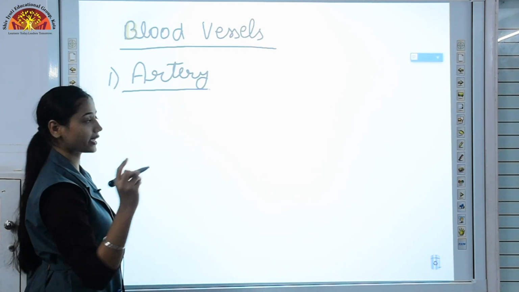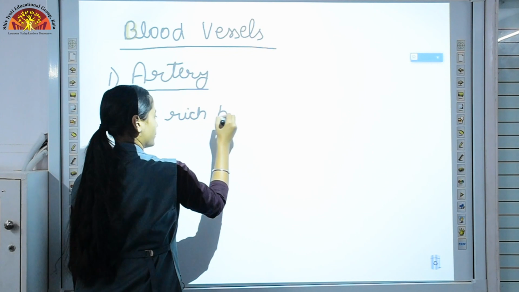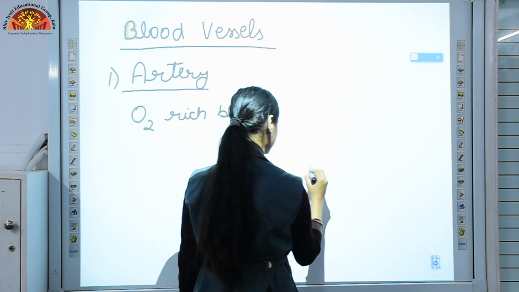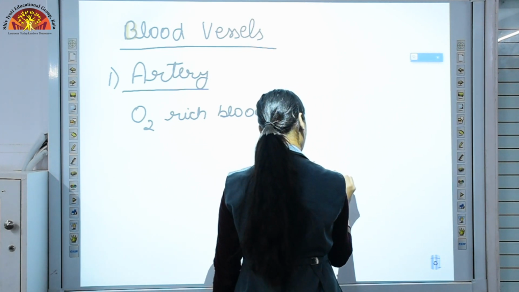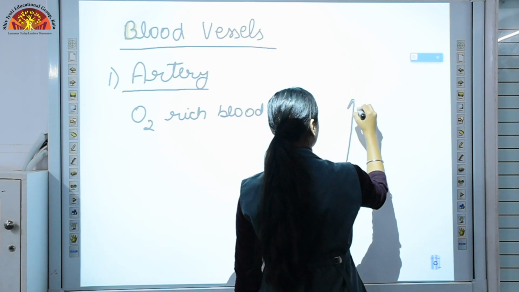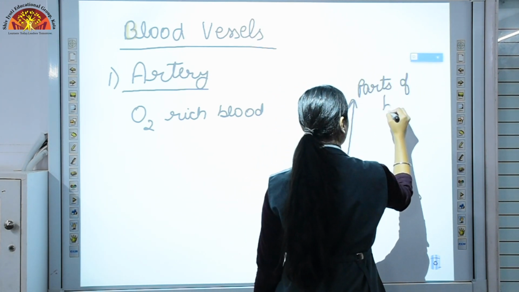Artery always carries oxygen rich blood from the heart to our different parts of the body.